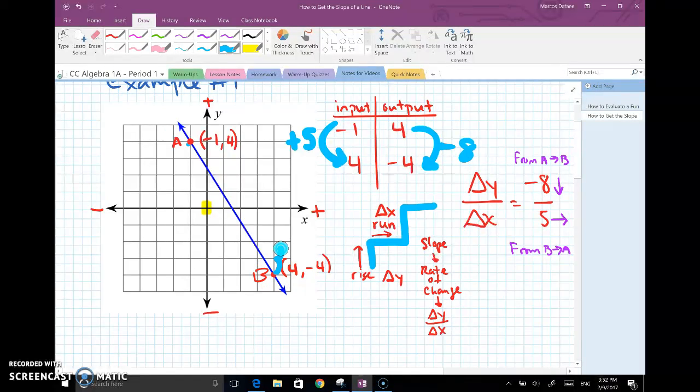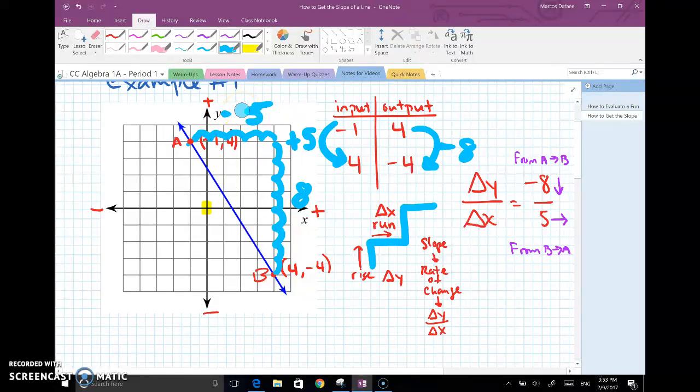So this would be 1, 2, 3, 4, 5, 6, 7, 8. We're still moving 8 times, but because we're going 8 in the positive direction, up, this is a positive 8. But watch what happens. When I go from this place to point A, it would be 1, 2, 3, 4, 5. But this 5 is now going in the negative direction.